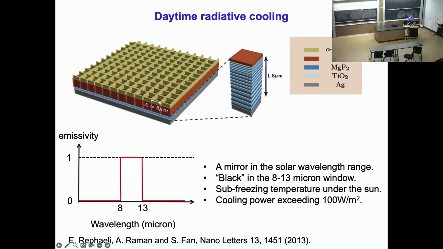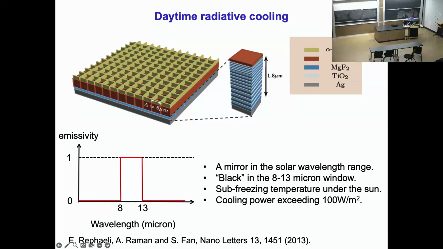What we envision is a photonic structure that behaves as a mirror in the solar wavelength range, so that it reflects all the sunlight and therefore doesn't get heated up by the sun, but it is black in the transparency window of the atmosphere in the 8 to 13 micron.